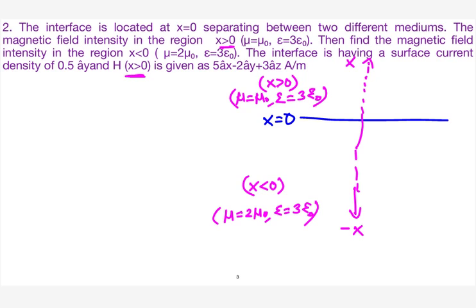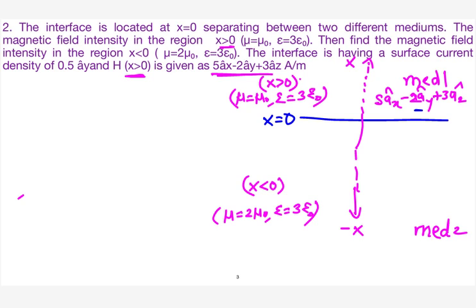And the magnetic field intensity in x greater than 0 you already know. So consider this as medium 1 and this as medium 2. In medium 1 you already know the value: it is 5ax cap minus 2ay cap plus 3az cap. The moment you assume this as medium 1, you change everything accordingly: the first medium is epsilon 1, mu 1, and the second medium is mu 2, epsilon 2.